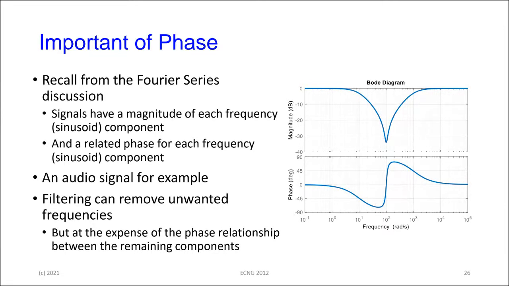So an audio signal, for instance, like the note from a piano. When you play a note from a piano, or a note from a guitar, the range of frequencies is what determines that it is a C sharp or a B flat. The frequencies in it determine that, but the phase relationship between those frequencies is what makes the C sharp on a piano sound like a piano, but the C sharp on a tenor pan sound like a tenor pan.